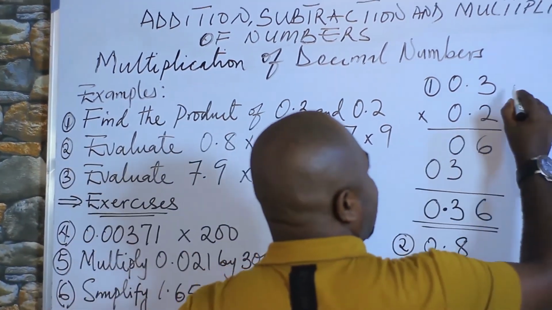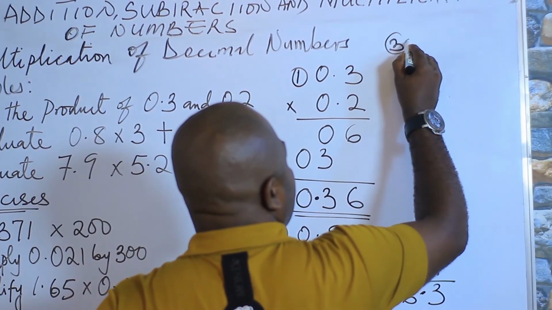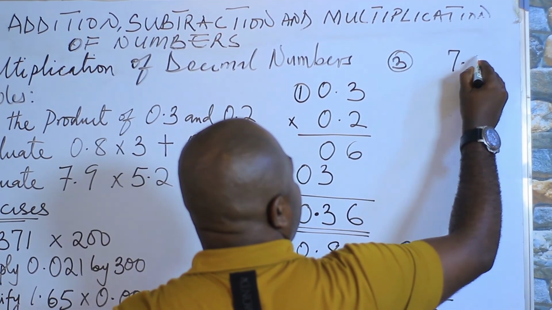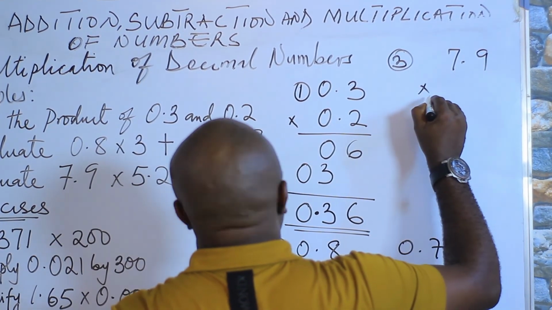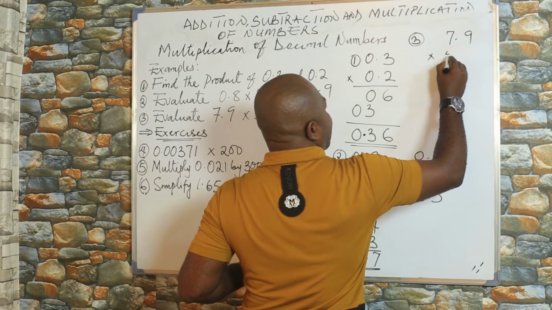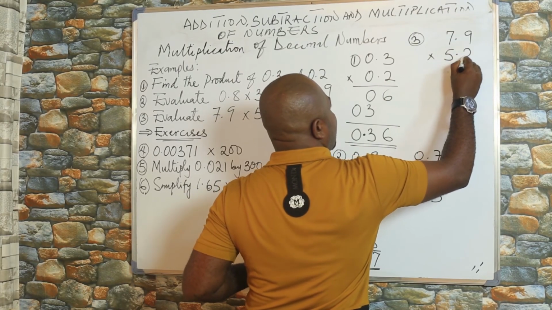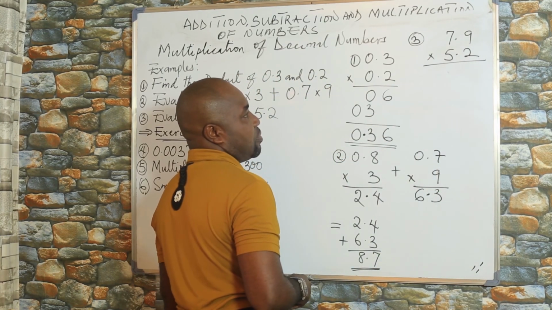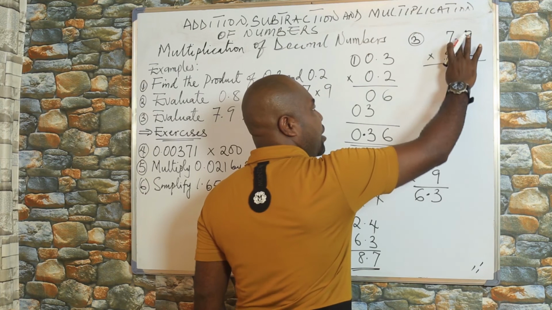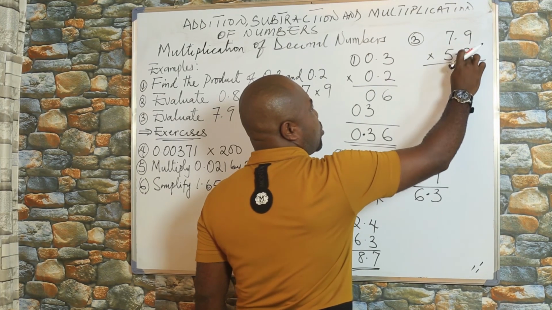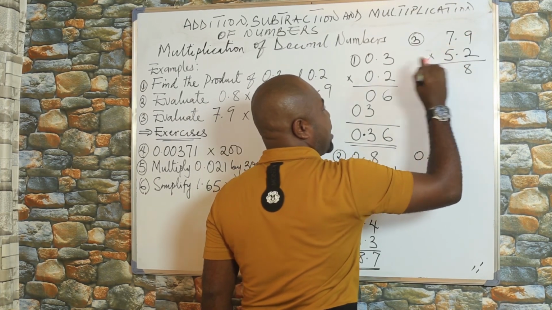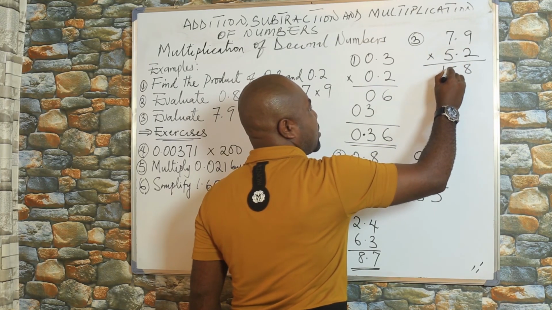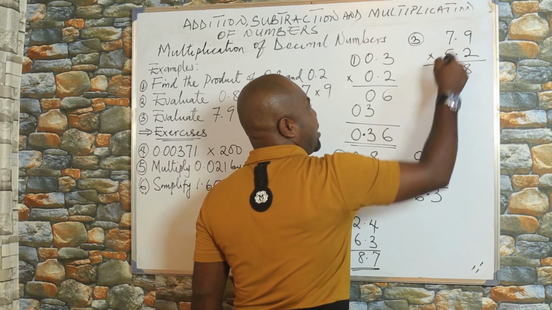Number 3. Evaluate 7.9 multiplied by 5.2. Like I told you, ignore the decimal places. 2 times 9 is 18. Write 8, carry 1. 2 times 7 is 14 plus 1, 15. 5 times 9 is 45.